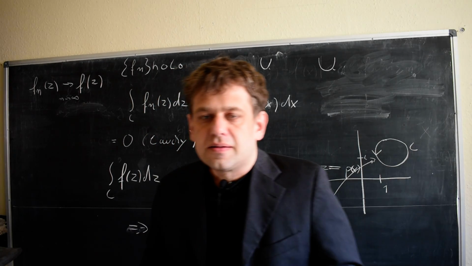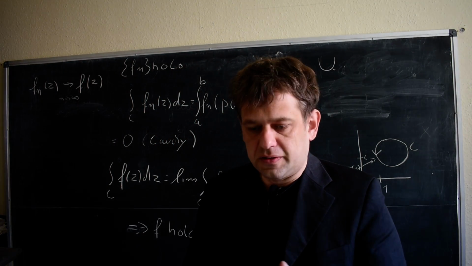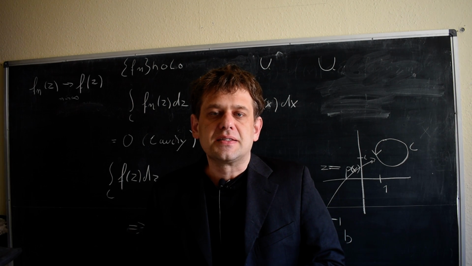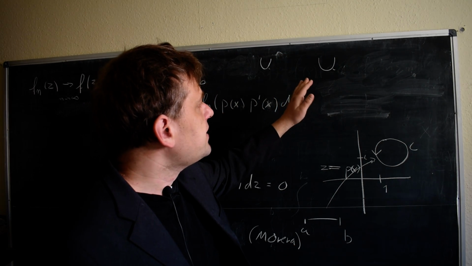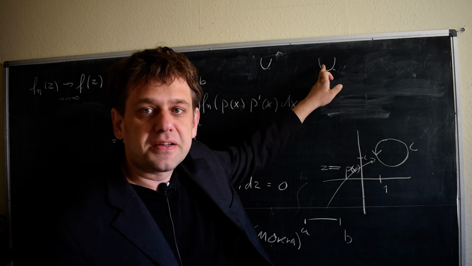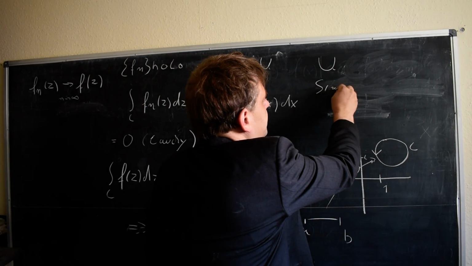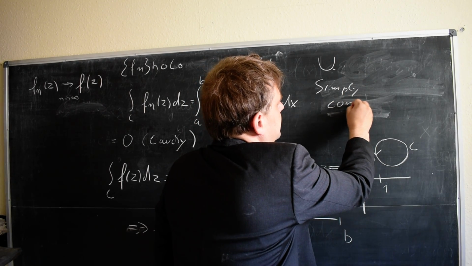So let's imagine we have a function f of z. So this is a function of a complex variable z. And this function f is defined on a simply connected domain U. So let's write this down. So this is simply connected.